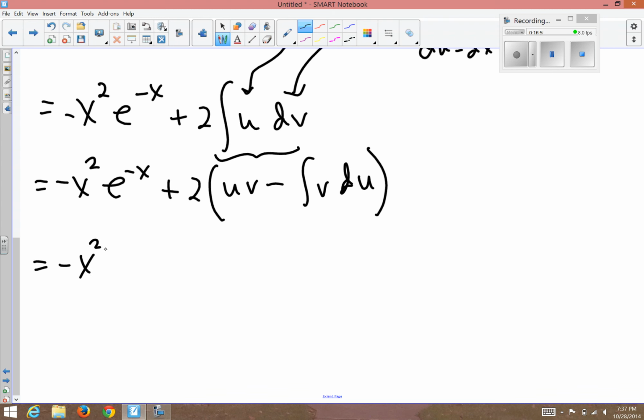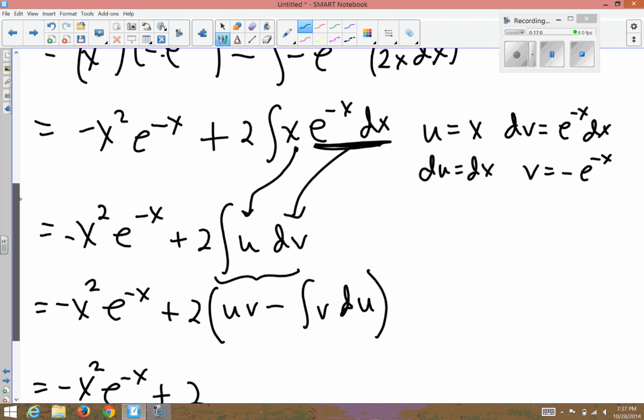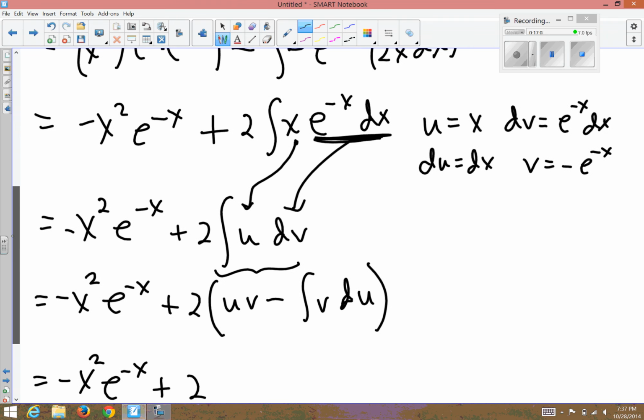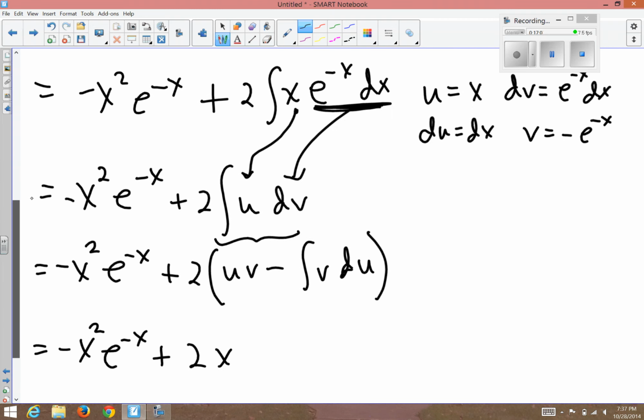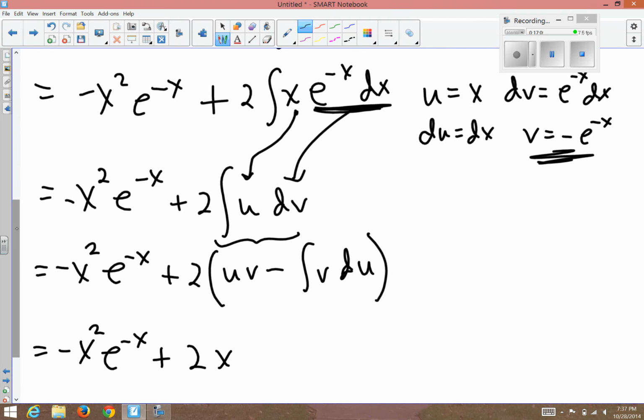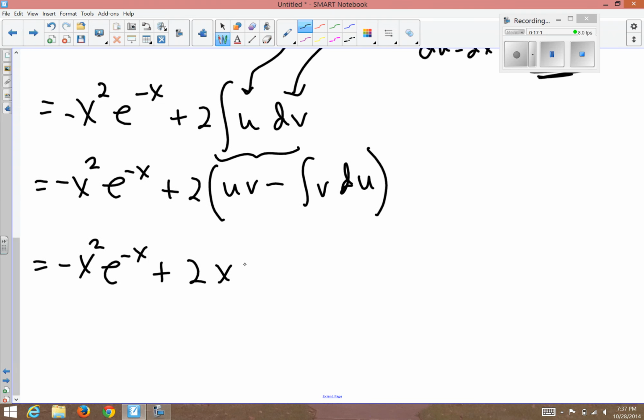Negative x squared e to the negative x plus 2. U, the most recent u, is up here, x. V, this is v now, it's negative e to the negative x. So we use parentheses here. And then we have this minus.